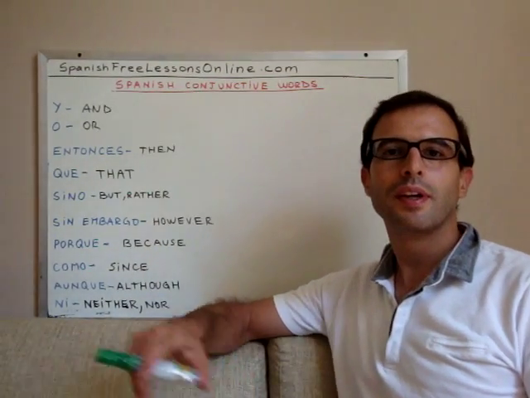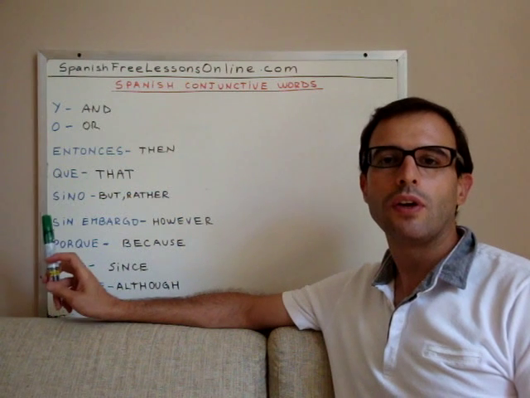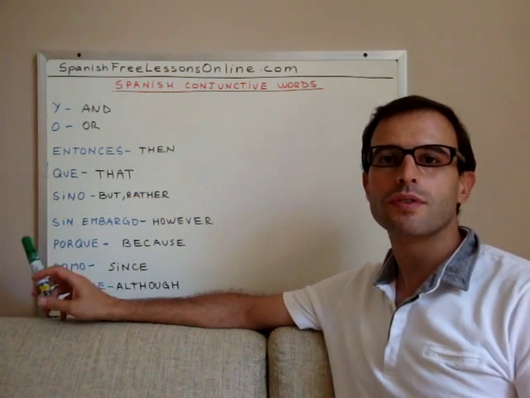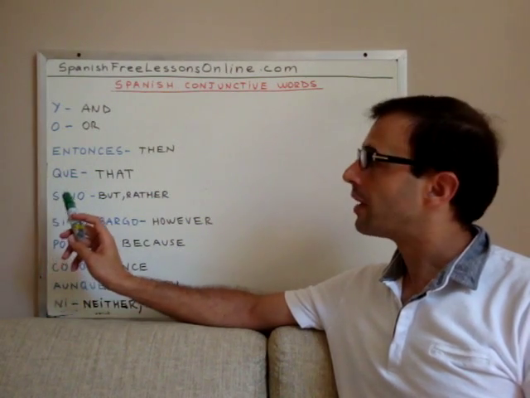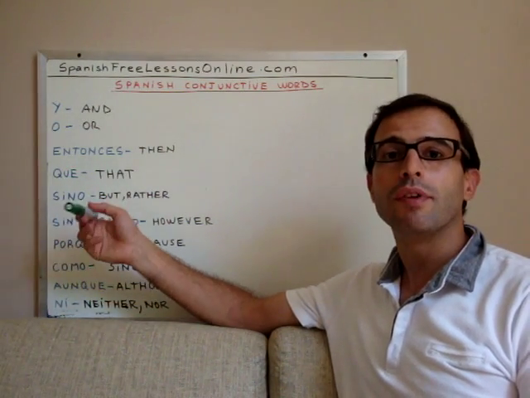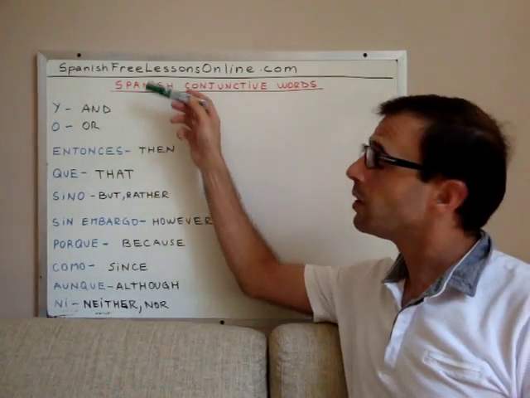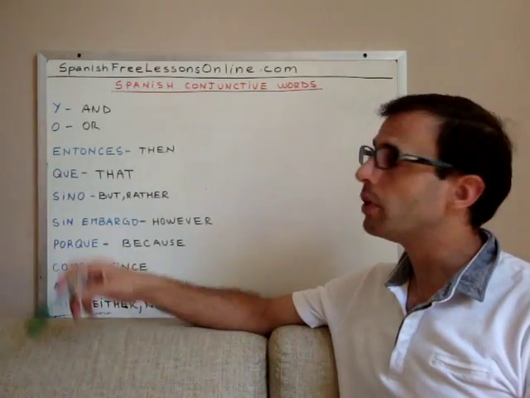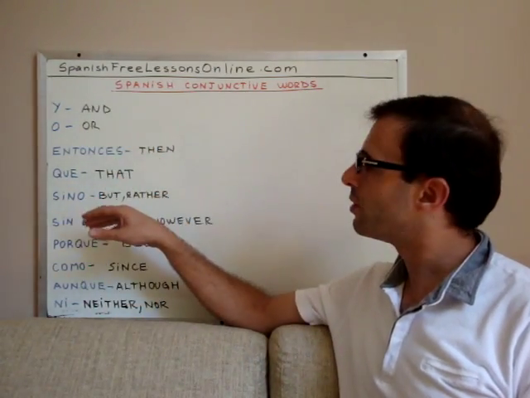Hi there. In today's Spanish lesson we will study some Spanish conjunctive words. However, we won't classify them in any of the groups there are for the many conjunctive words. There are many groups of conjunctive words, but we will actually take some from all the different groups.